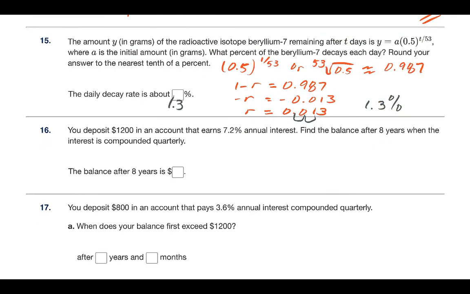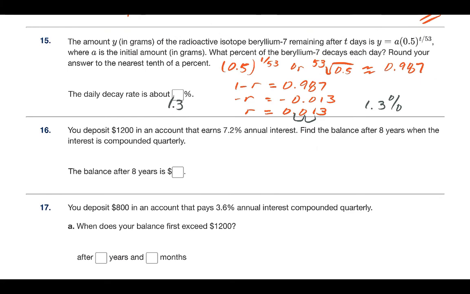Number 16, you deposit 1,200 in an account that earns 7.2% annual interest. Find the balance after 8 years when the interest is compounded quarterly.